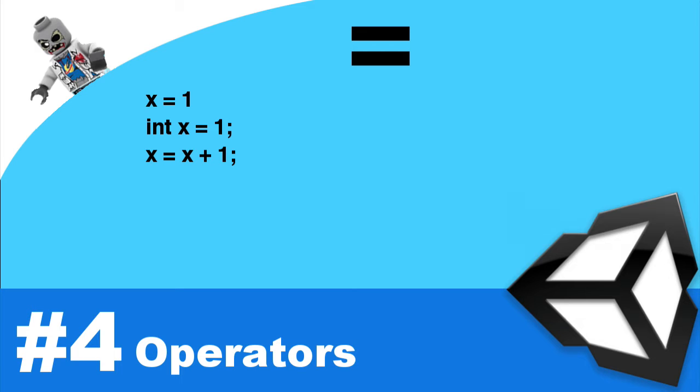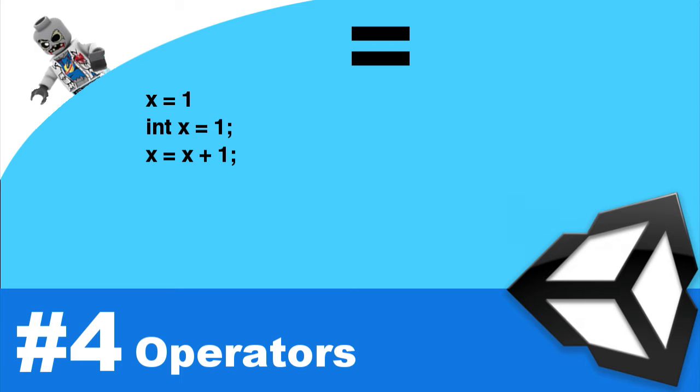If you approach this again with a math approach, it would just simply break down because x could never equal x plus itself. If you start thinking about it, you'll just go crazy. So just keep in mind, equals in C# is always used for assignment operations.